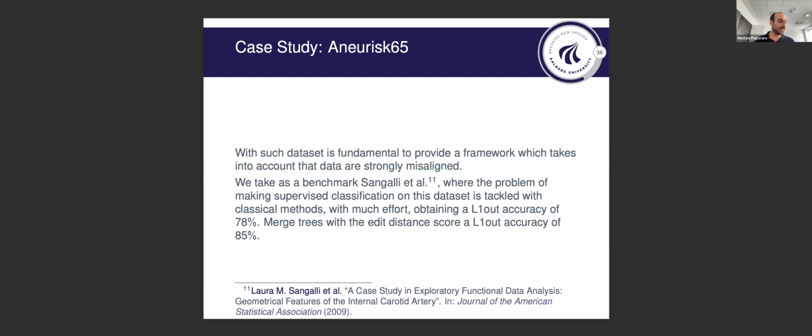Basically, we reproduced the exact same pipeline, but we extracted merge trees from the functions, and so we completely skipped the alignment step because merge trees are invariant to these alignment procedures. We tried the same classification case study, and basically we got better performances.